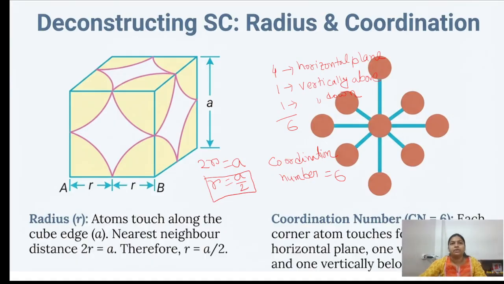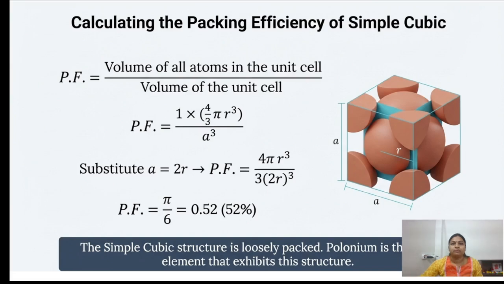Now we will find the atomic packing factor for this cubic structure. How do we calculate the packing efficiency of simple cubic? We know that the packing factor is the volume of all atoms in the unit cell divided by the total volume of the unit cell.